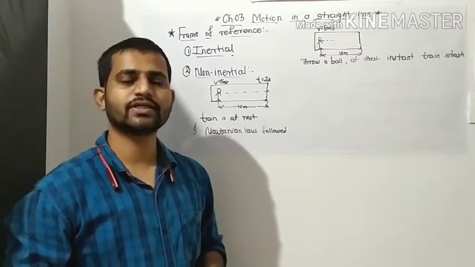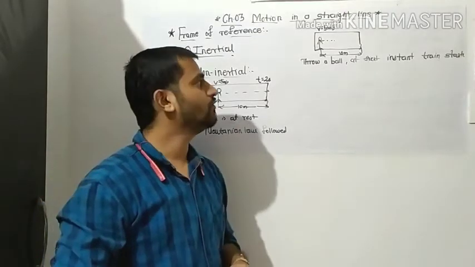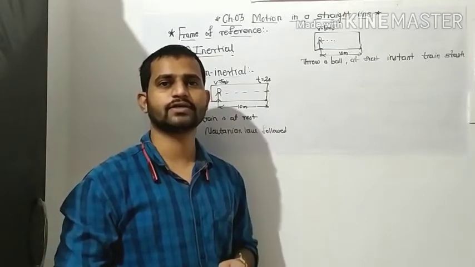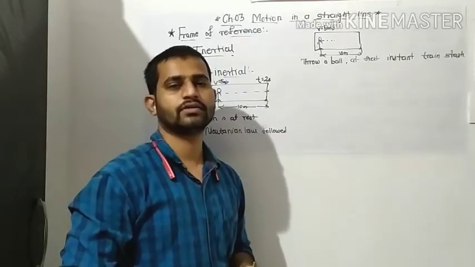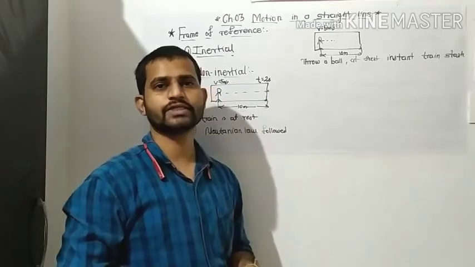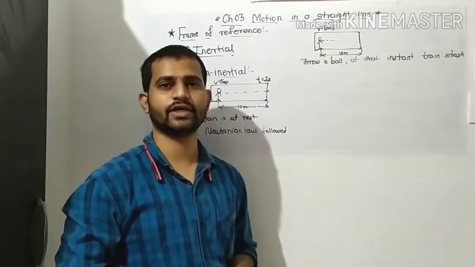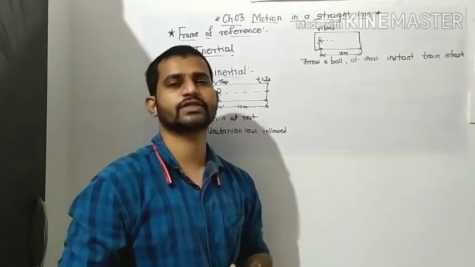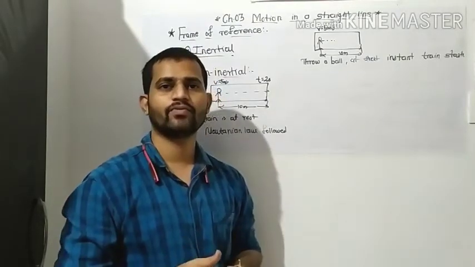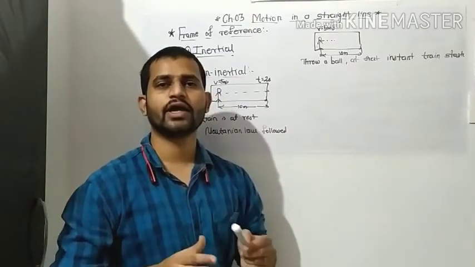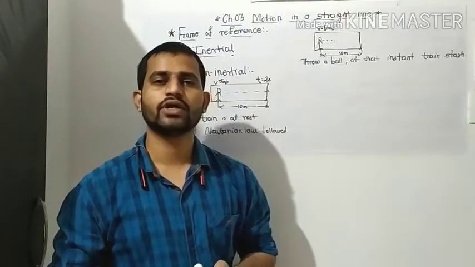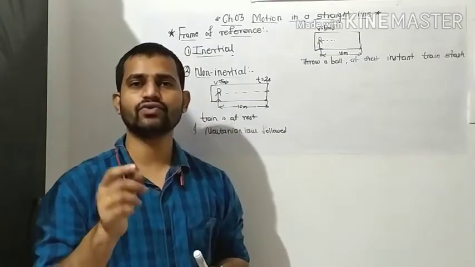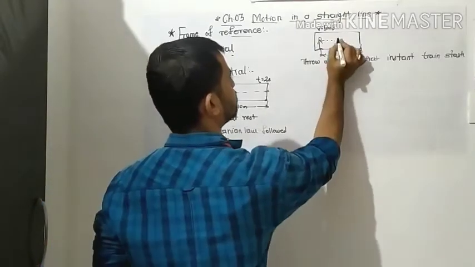As we know, there is some force on the train when it starts. We get a jerk in the reverse direction due to the inertia. So that inertia force gets applied on the ball, and the ball is not able to reach that 10 meters. Instead, within the 2 seconds the ball will reach only up to this particular distance.